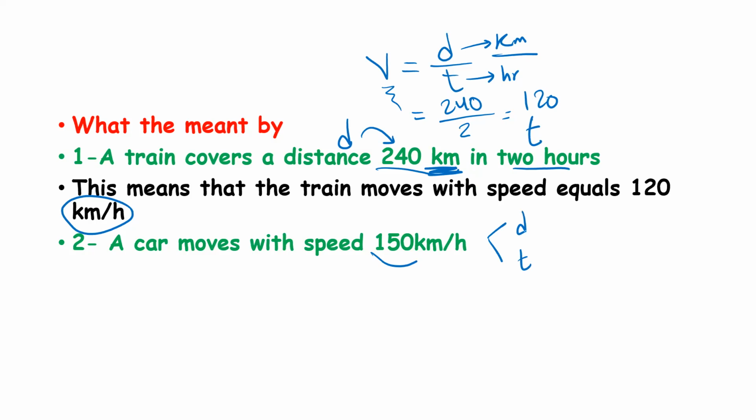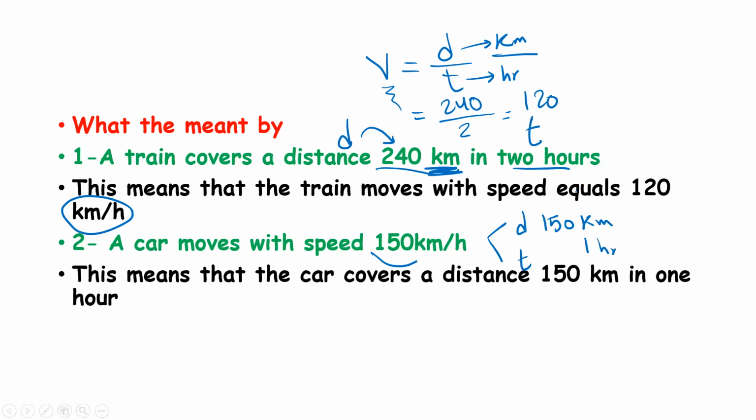We will do 150 over 1. So you can say that it moves 150 kilometers in 1 hour, right? So we can say that the car covers a distance 150 kilometers in 1 hour. Yes, very good.